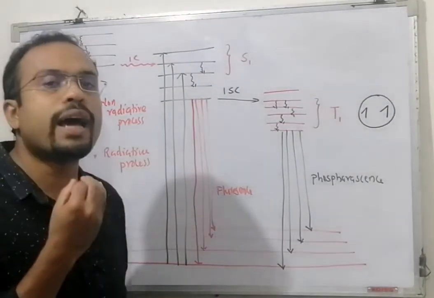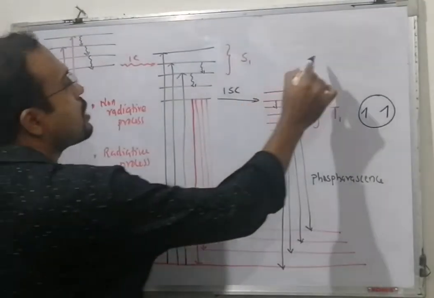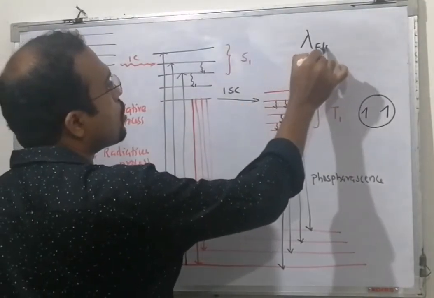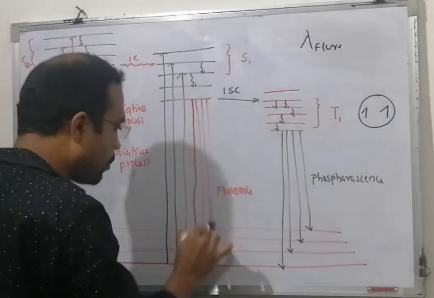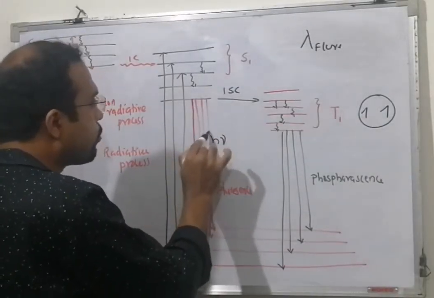Because of that, light is emitted. Because of this emission, a photon is emitted.